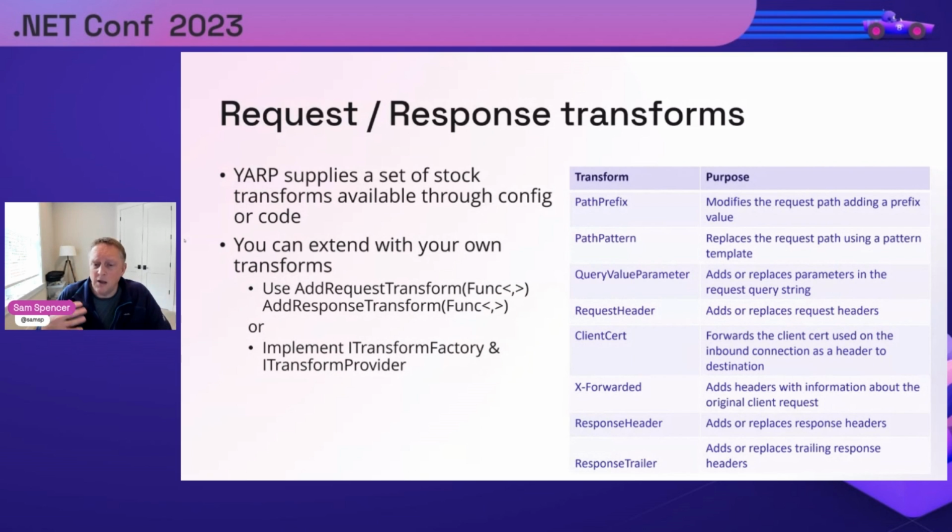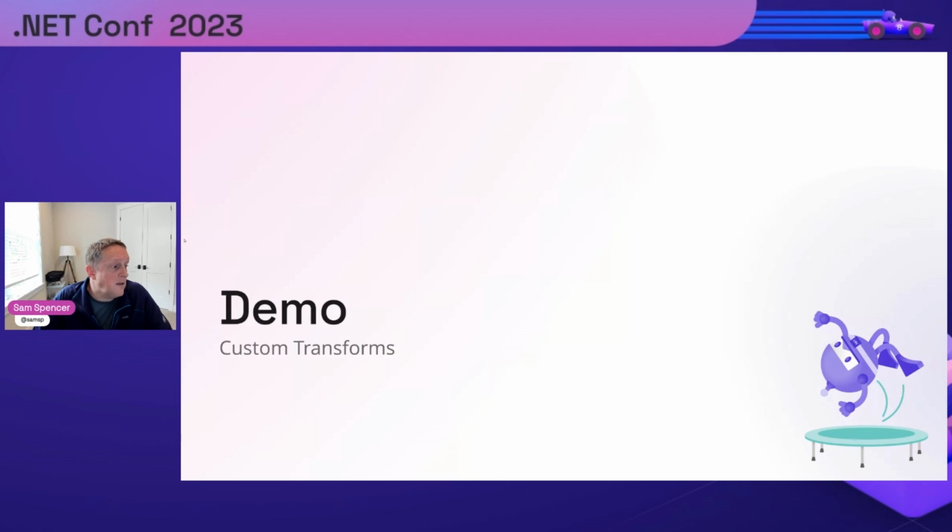Up till now, those have all been transforms on the forward end. We also have response transforms that enable you to customize the response going back to the client from the backend server. So again, we can add headers there, modify URLs, trailers, add whatever we need. And these are all relatively easy. You can just do it through middleware. And I will pass over to Ben again to demonstrate adding a custom transform.